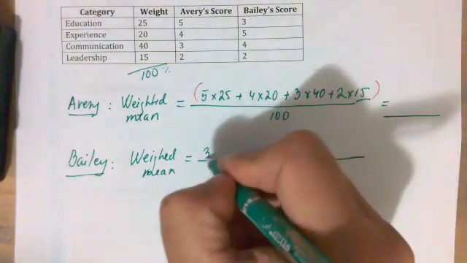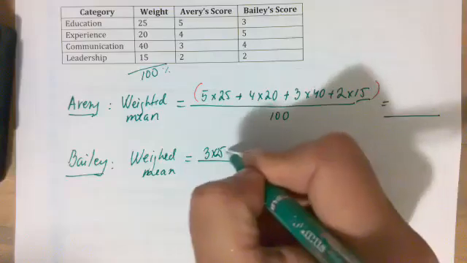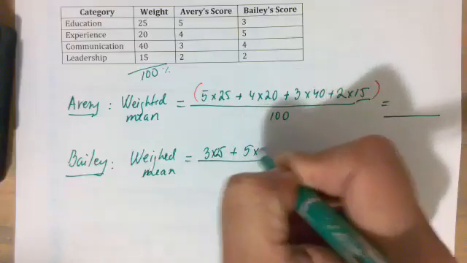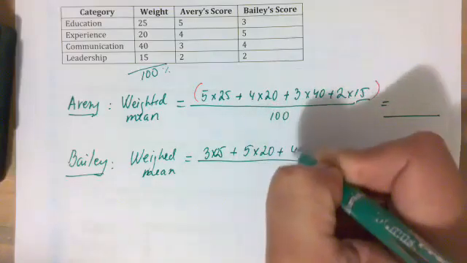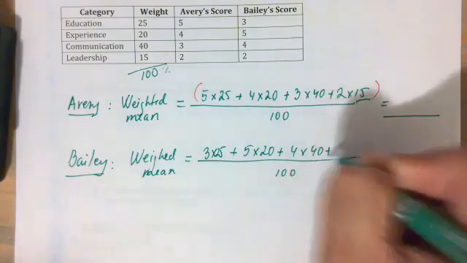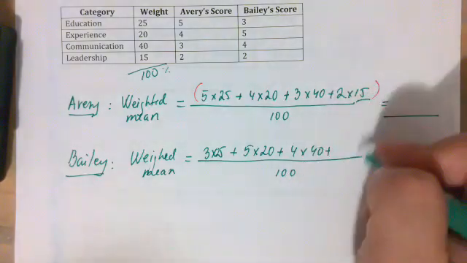So 3 times 25 plus 5 times 20 plus 4 times 40 plus 2 times 15.